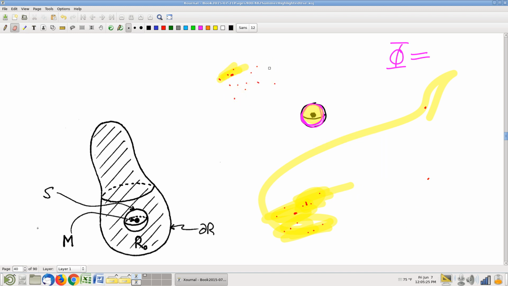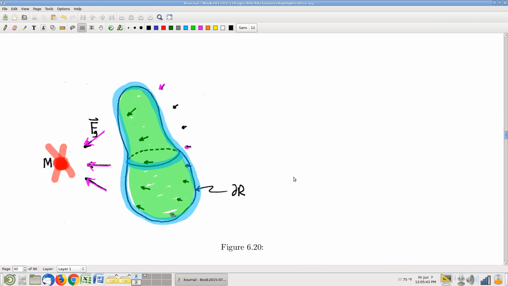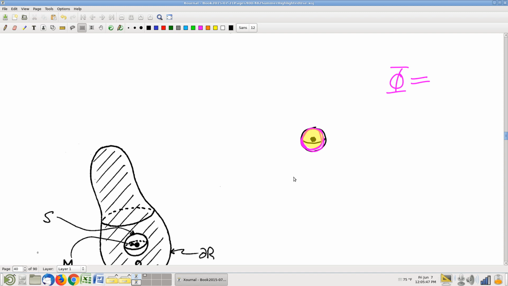All of this, I get to throw away. I don't have to think about those pieces of mass, or those, or those. All the mass outside of my region doesn't affect the flux, because again, our easy starter example, Gauss's divergence theorem, tells us I get to ignore all that mass.